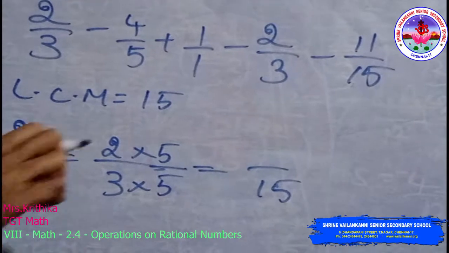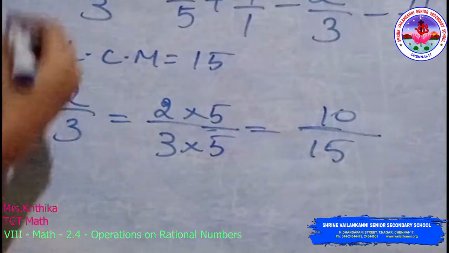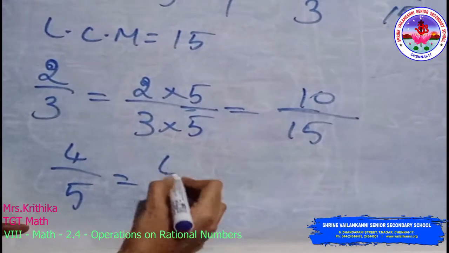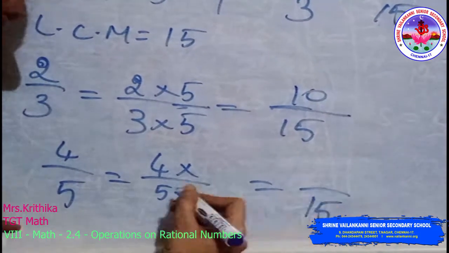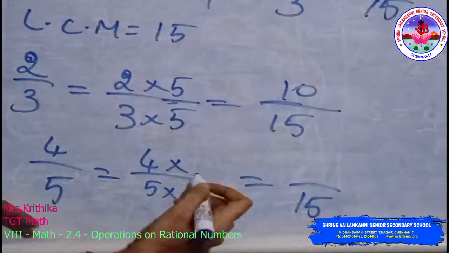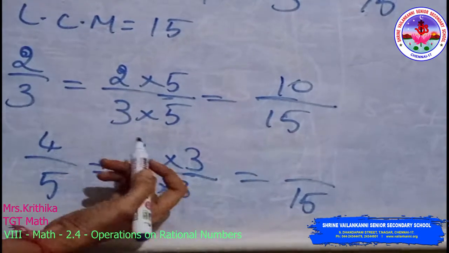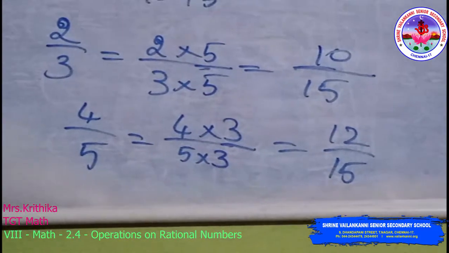Multiply 5 with numerator as well as denominator: 5 twos are 10, so 10 by 15. The next value is 4 by 5. In the 5 table, how many times do we get 15? 3 times. So multiply 3 with numerator as well as denominator. 4 threes are 12, so 12 by 15.